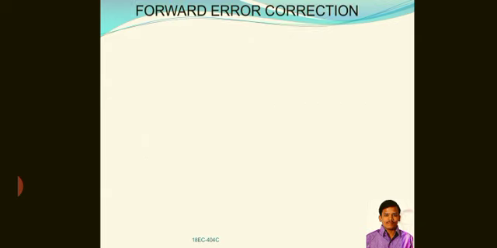And the next one will be forward error correction, and this particular method is able to detect and correct the errors without asking for retransmission. It will find out the errors and rectify where the error has occurred.